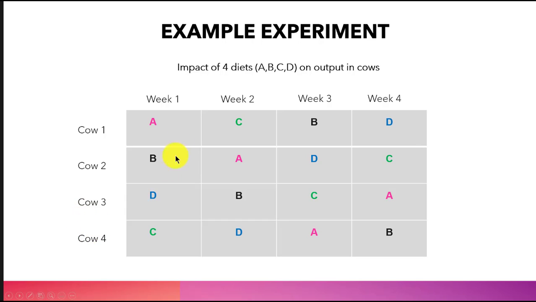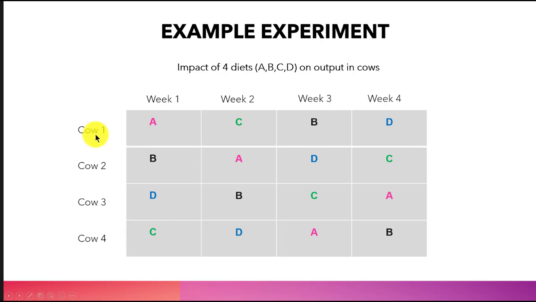There are 4 cows and 4 treatments, where the cow is a row and the period, week 1, week 2, week 3 and week 4, is a column. The 4 treatments should be equally allocated to each row and each column, so we need 4 cows and 4 periods, 4 weeks.